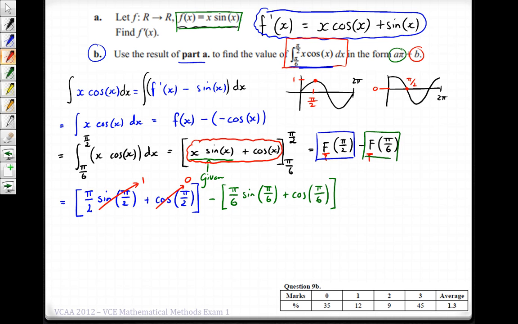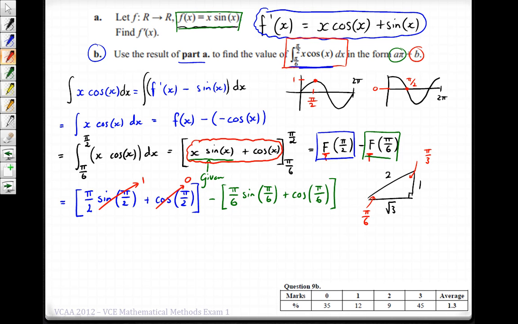And now we've just got to work out our pi on 6 case. So that's where you might want to set up those useful triangles. So there's our right angle triangle. That's 2, that's 1, that's root 3. Now we know the smallest angle is the pi on 6, and that goes opposite the smallest side. And then our largest angle obviously is pi on 3 in there.